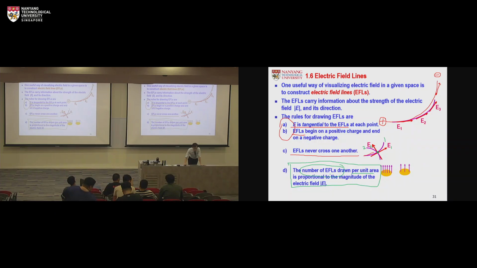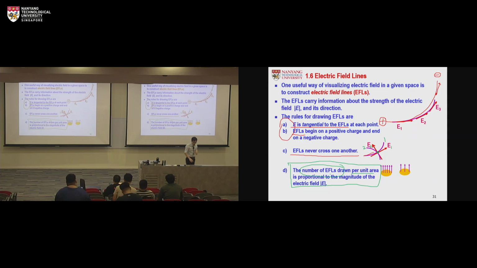So these are the 4 rules you need to follow to draw electrical field lines properly. Of course, you can also do the opposite. If the electrical field lines are given, then based on these 4 rules, you can derive certain understanding, mostly in terms of the direction and the magnitude of electrical field E.